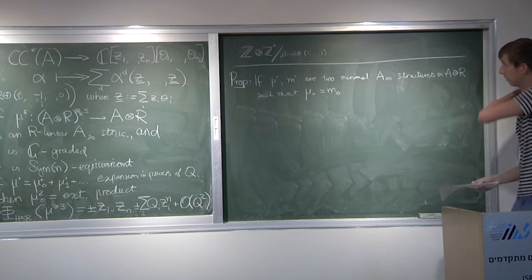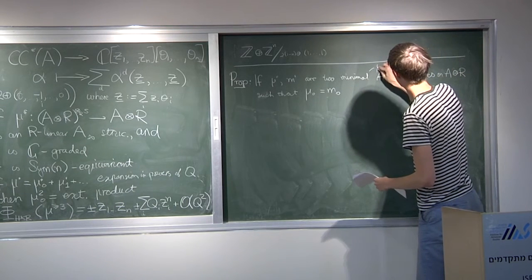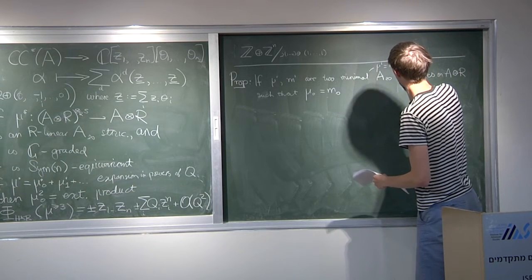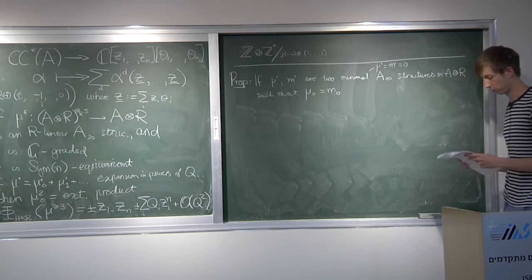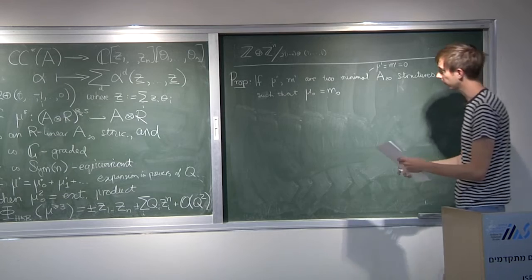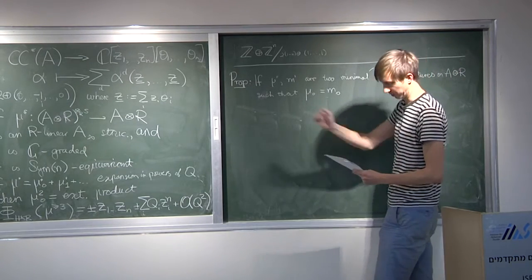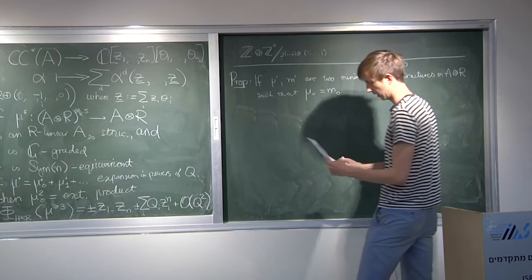So if we've got two minimal A infinity structures, that means the differential vanishes, as it does for grading reasons in this case, which coincide toward a 0, which we showed we could arrange.